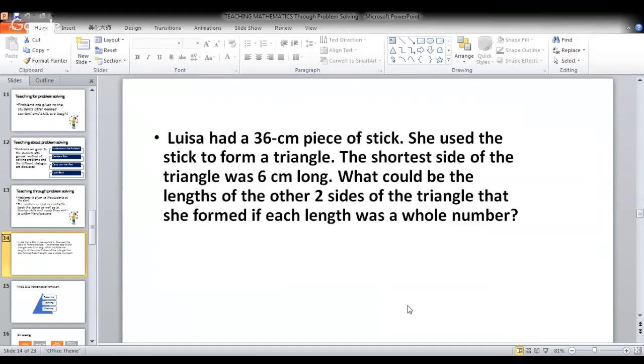So after this activity, this problem is used to teach the theorem that the sum of the two sides of a triangle is greater than the third side.